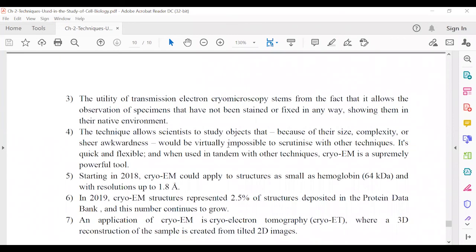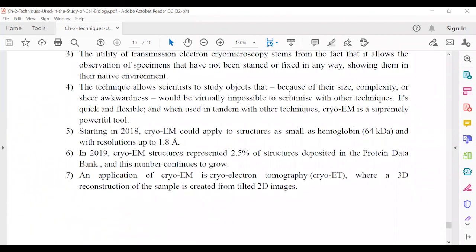Next feature, the technique allows scientists to study objects that, because of their size, complexity, or sheer awkwardness, would be virtually impossible to scrutinize with other techniques. This method is quick and flexible, and when used in tandem with other techniques, cryo-electron microscopy is a supremely powerful tool.